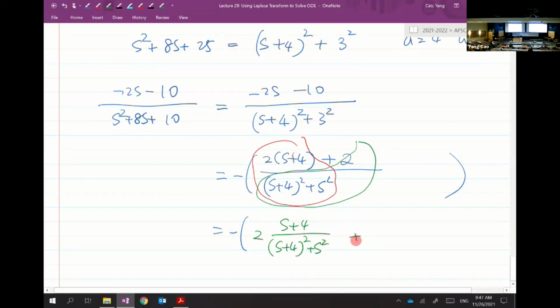And the other term is 2 over s plus 4 plus s squared. And then there's a big negative sign in front of it. Any questions so far?